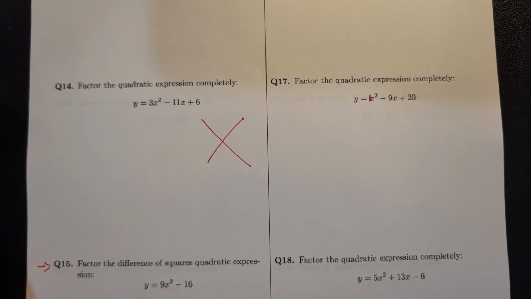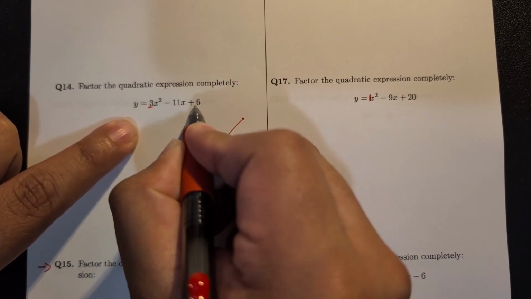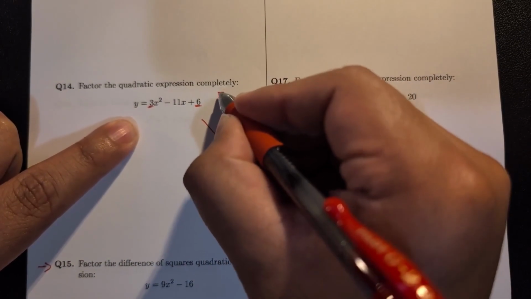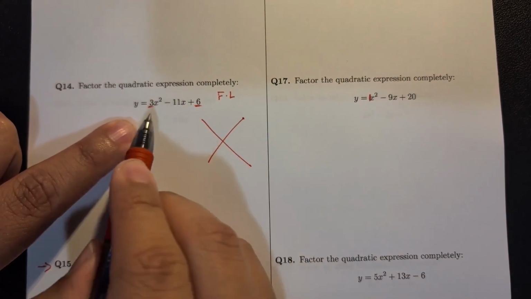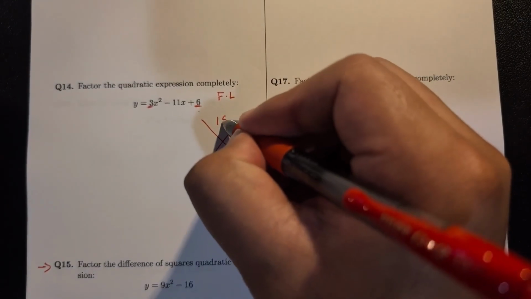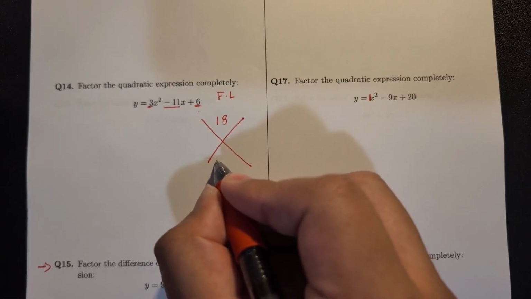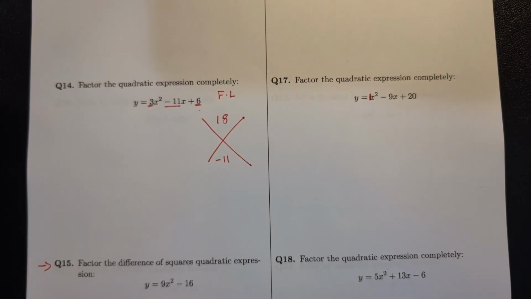I'm going to show you one way that always works. So what we want to do is multiply my first and my last. My first times my last, 3 times positive 6, gives me 18. This negative 11, your middle term, is going to go on the bottom.